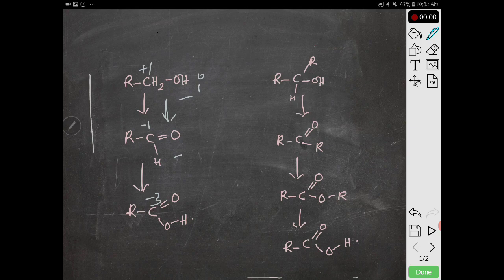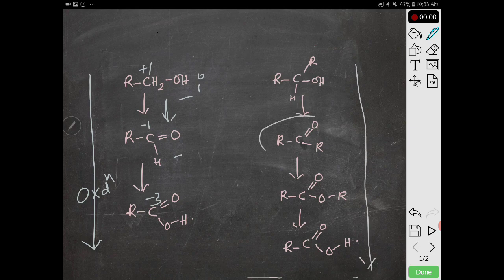This sequence of reactions is oxidation. If you take a secondary alcohol, you get not an aldehyde but a ketone. The ketone could be oxidized to ester, or by hydrolysis converted to carboxylic acid. This is again oxidation.